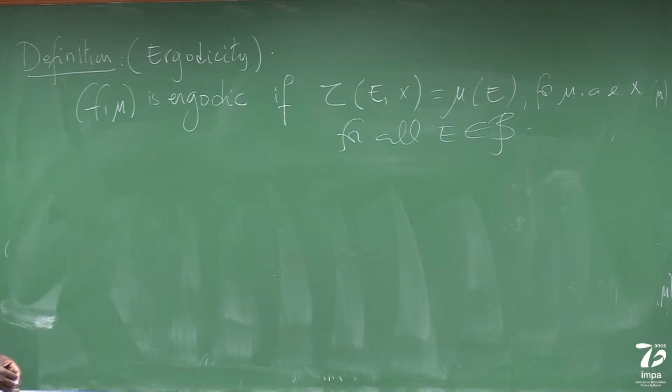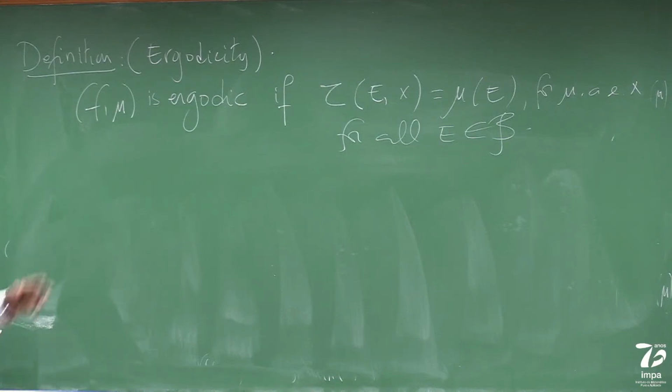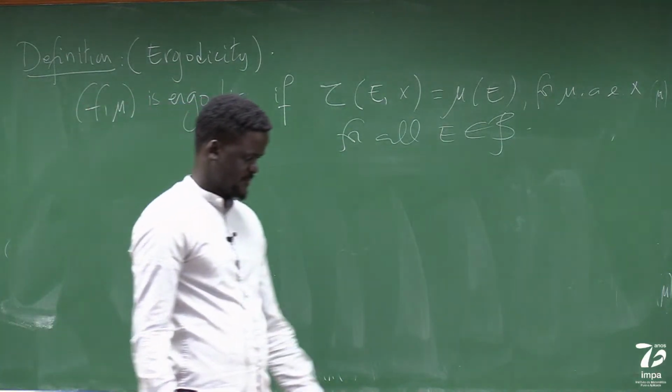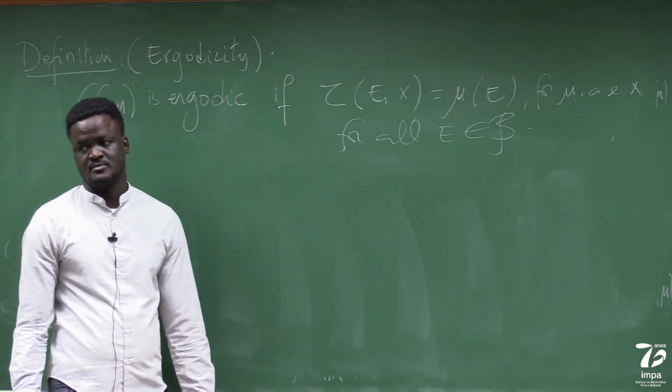Do we know an example of a dynamical system with a measure that is ergodic? Do you know of an example? Just from this definition. So for instance, if you have a fixed point in your dynamics, you take a Dirac delta.